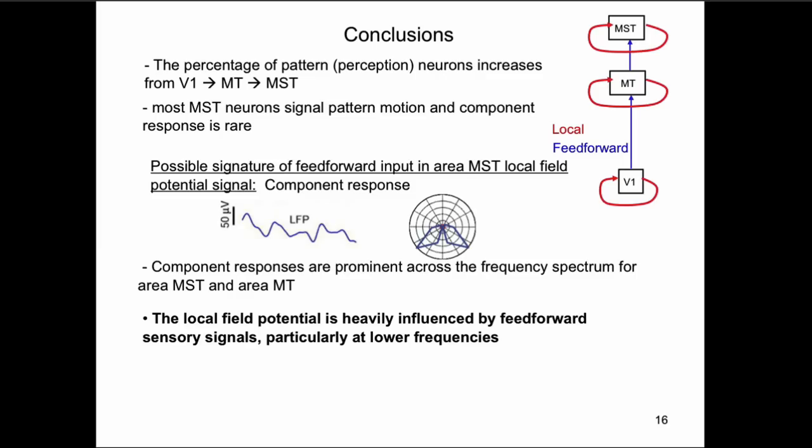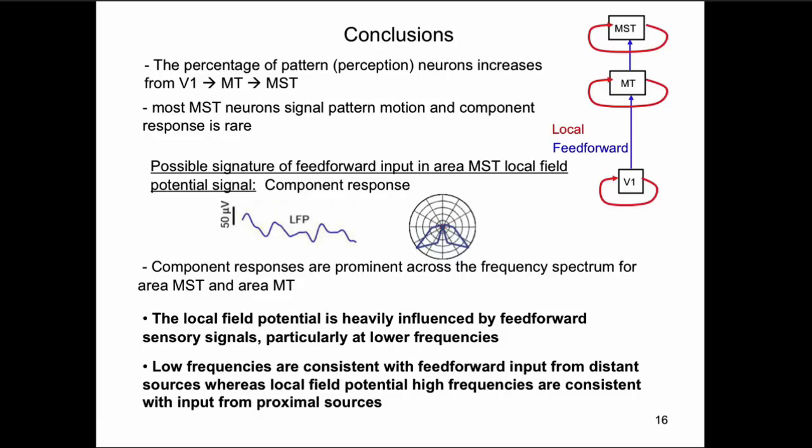And so we propose that the local field potential is heavily influenced by feed-forward sensory signals from lower areas, particularly at lower frequencies. Low frequencies are consistent with feed-forward input from distant sources, whereas high frequencies are consistent with feed-forward input from more proximal sources.